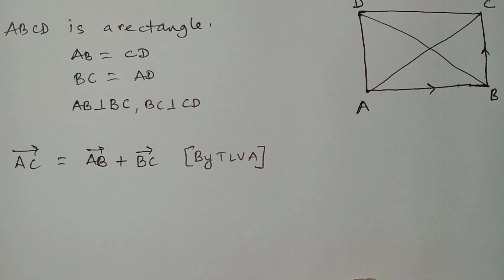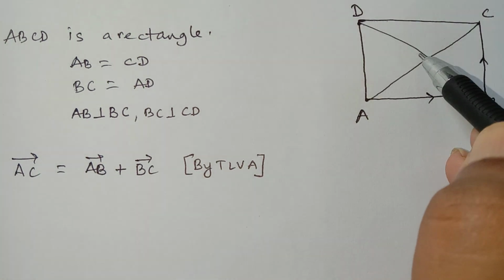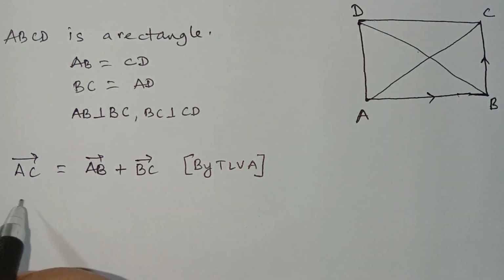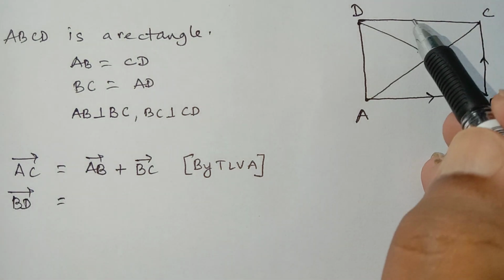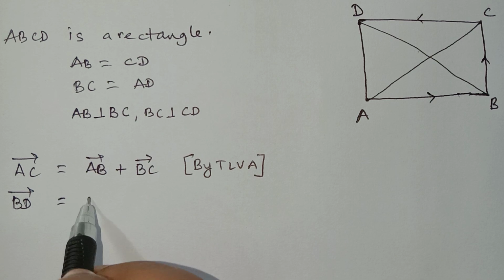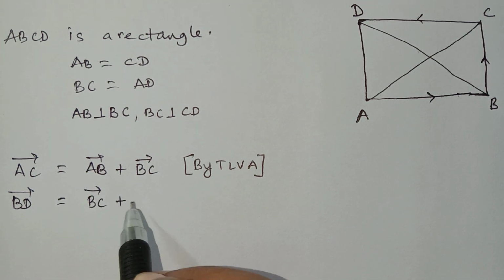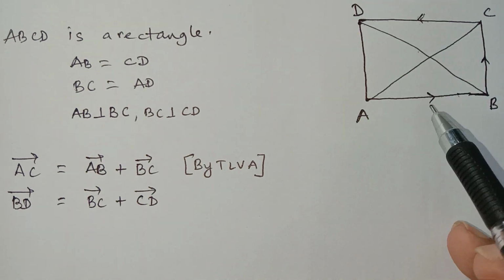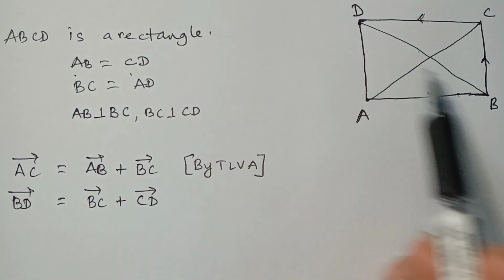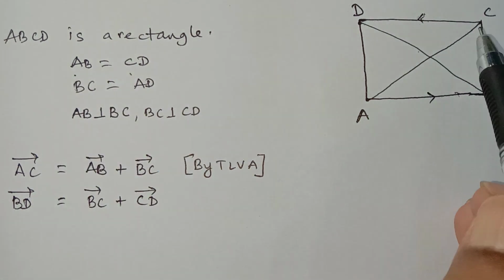Now let's check what vector BD is. Vector BD is also equal to vector BC plus vector CD. AB and CD are equal, but the vectors are opposite in direction.